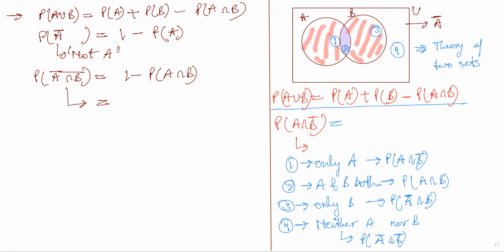Can you define it in terms of the components given in these four components? This is portion 1. So you will be given PA, PB, PA union B, or PA intersection B. Let's suppose you have these 4 things. So how would you find this out?